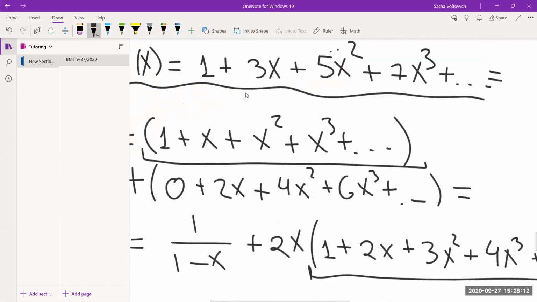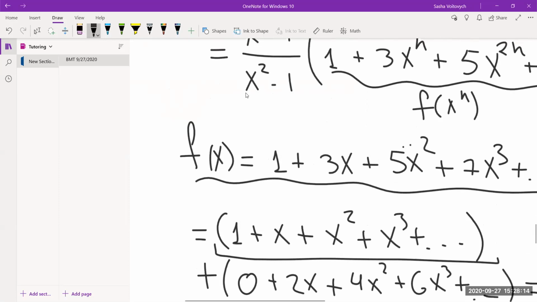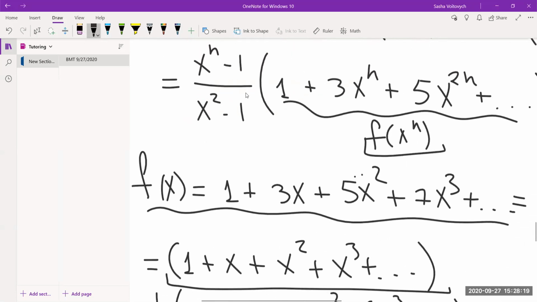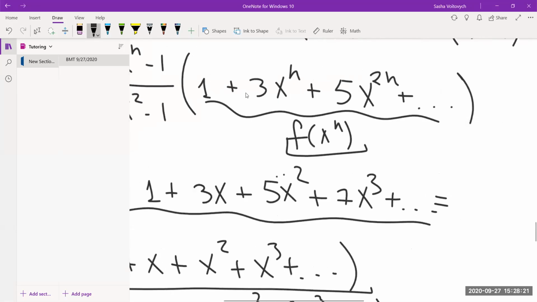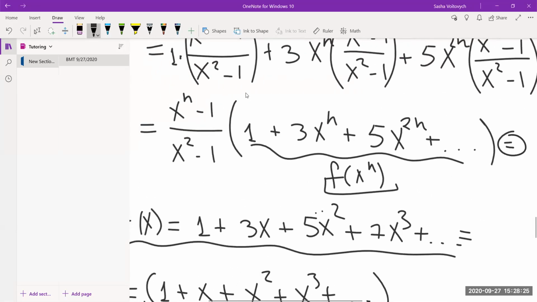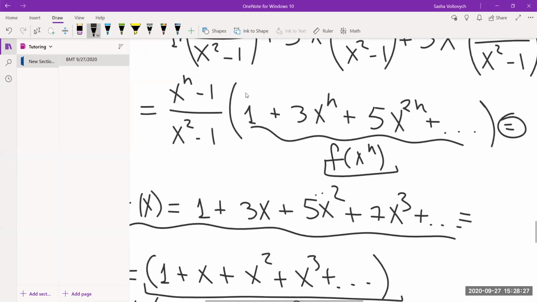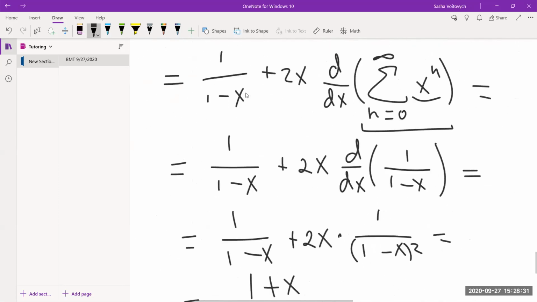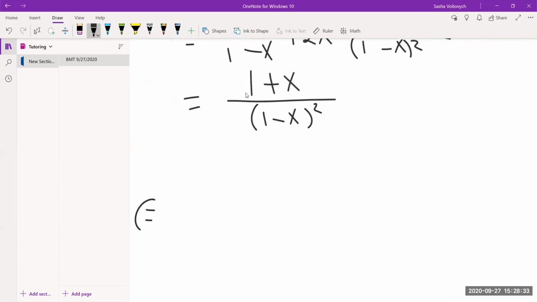So remember, this was just our function f(x). We're interested in the value of f(x) at x to the power of n, so we'll just continue over here.